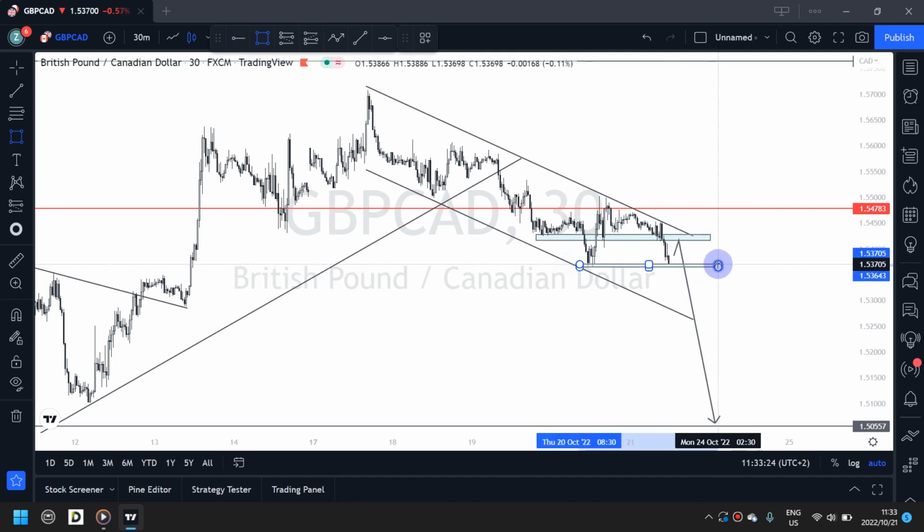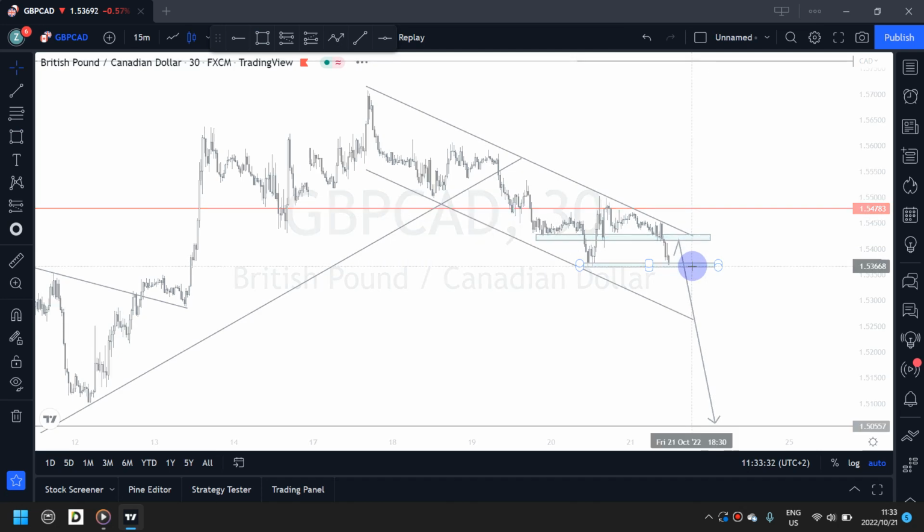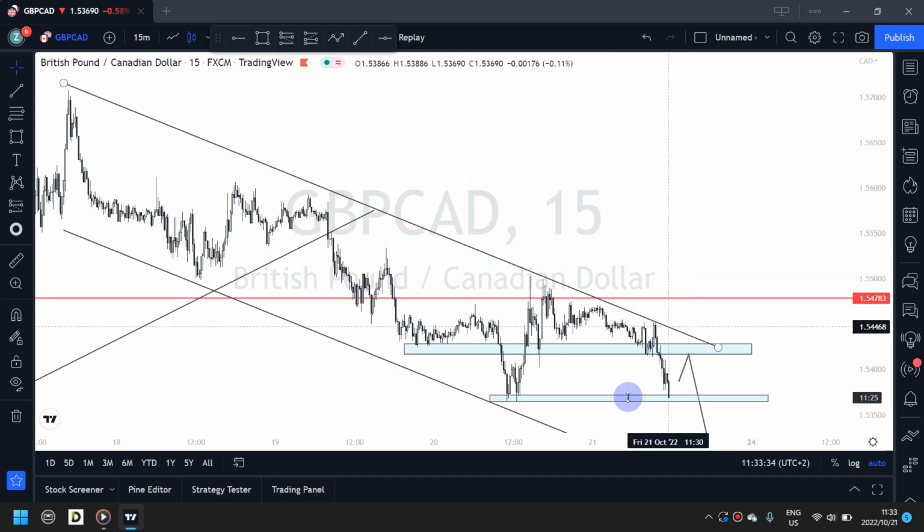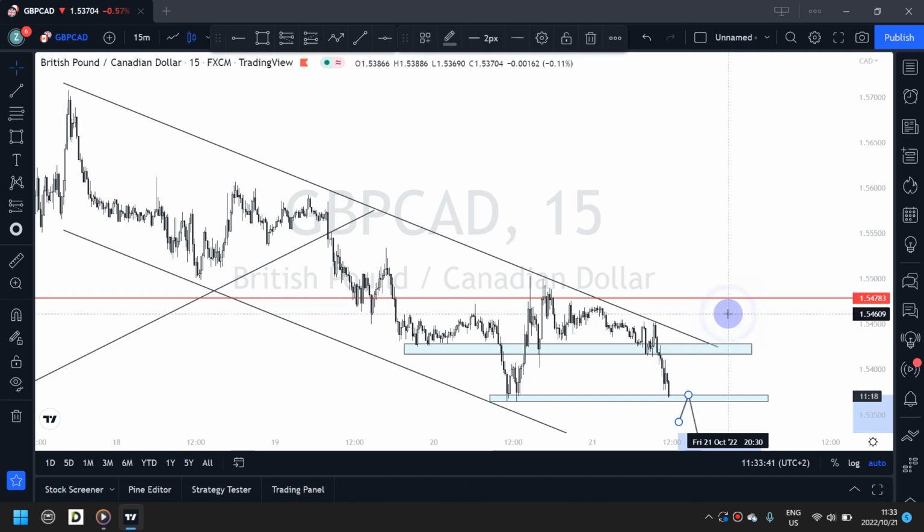Now, if the market does not retest, I have also catered for that, which is this zone here. Basically, if the market breaks out and retests this zone, that's where I would have a sell trade.